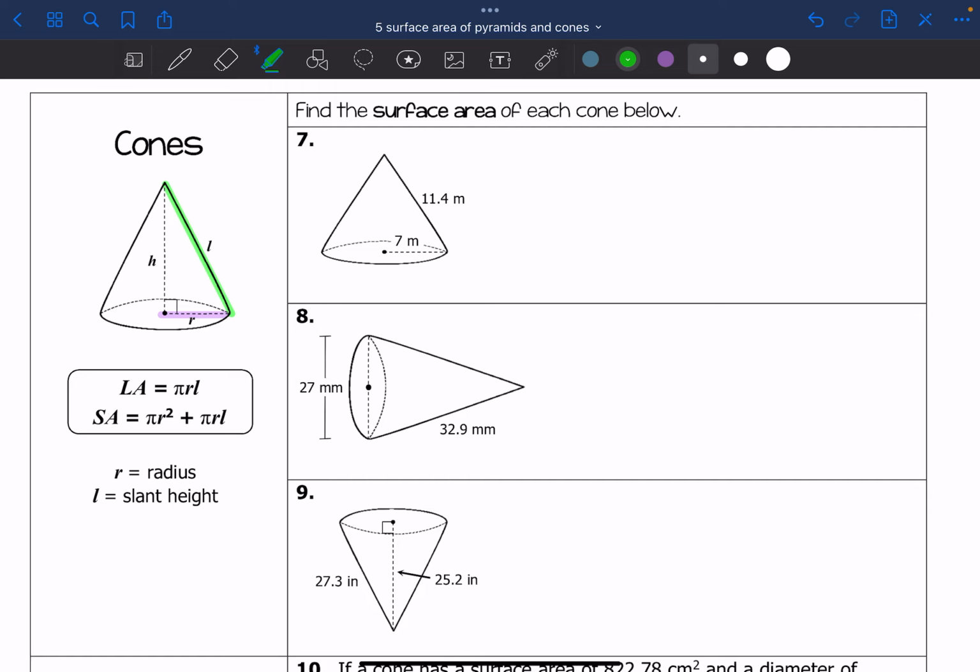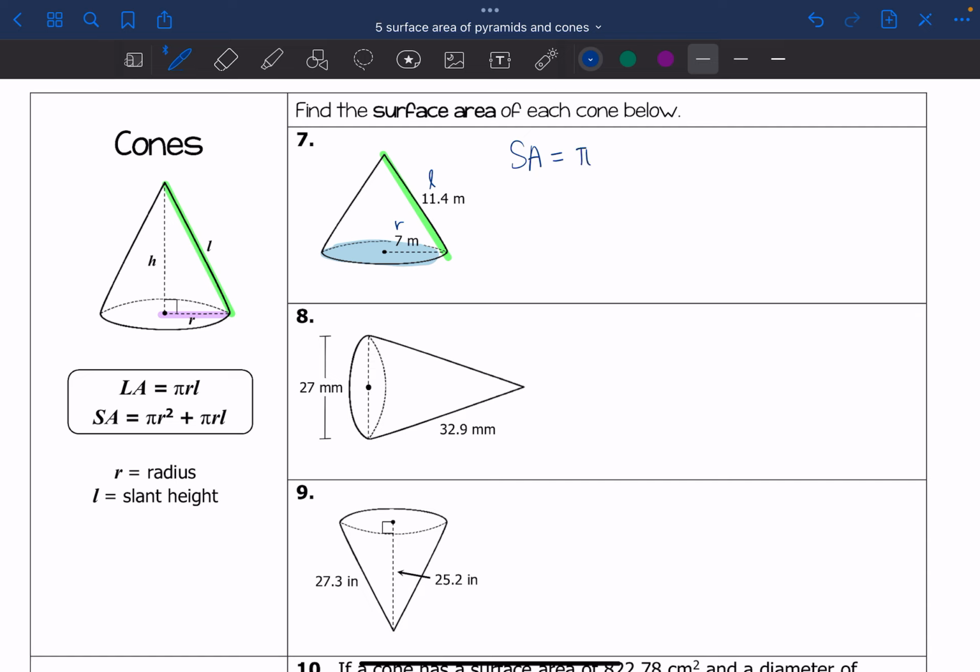Okay, so we need our slant height. So that's going to be our 11.4. And then we need our radius. So if you look at the bottom there, 7 is the radius because this circle here is the base. So now let's just find the surface area by using the bottom formula there.